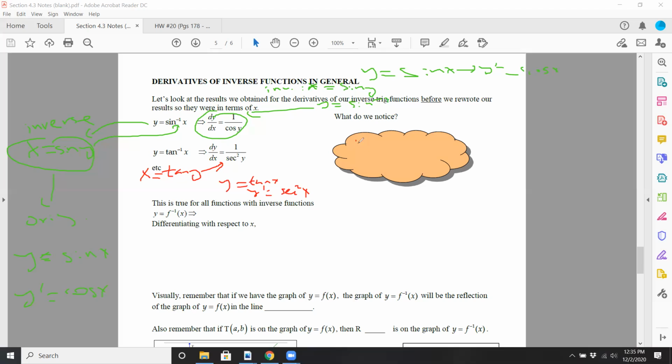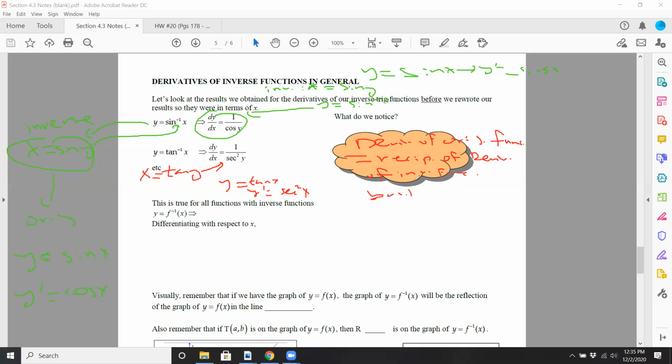So we notice that the derivative of the original function equals the reciprocal of the derivative of the inverse function.